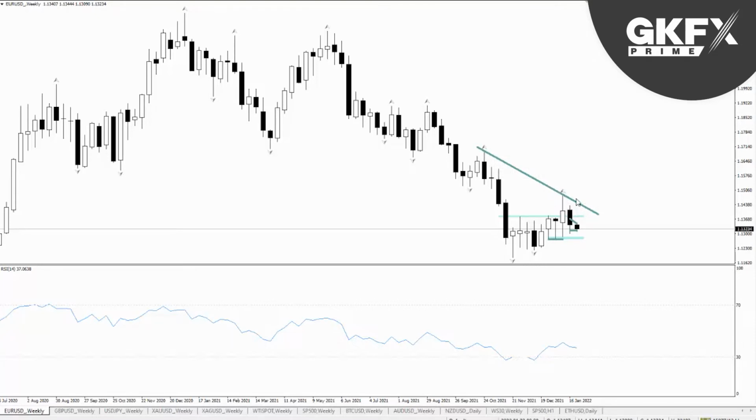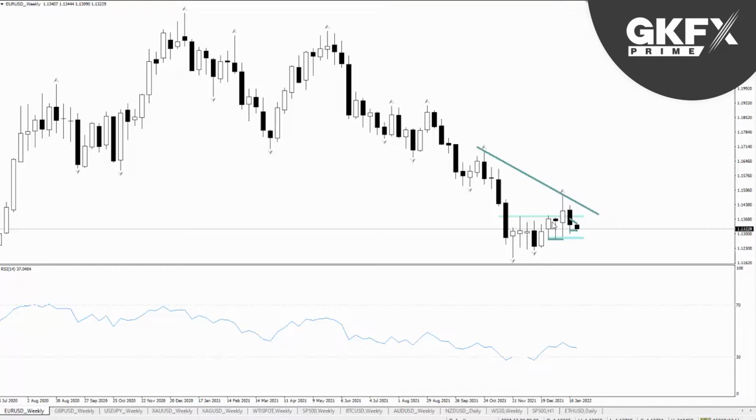We've actually not formed this yet, so technically you have to watch out for the last fractals on the MT4 and also most charting packages. They'll form it a little bit early. So only once this candlestick here, our current week, is below this high here, then this fractal is technically formed.